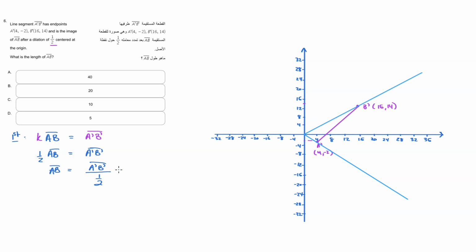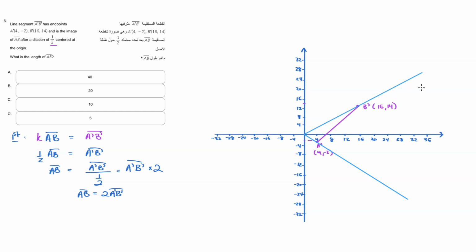And if you know how to divide by fractions, it's like multiplying by the inverse. So that means it's A prime B prime times 2. So essentially what they are telling me is that AB is twice the size of this line, A prime B prime. Okay, so now we figured out that our original line will be twice as big.